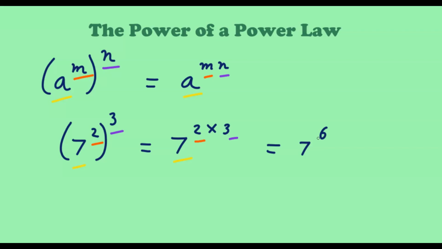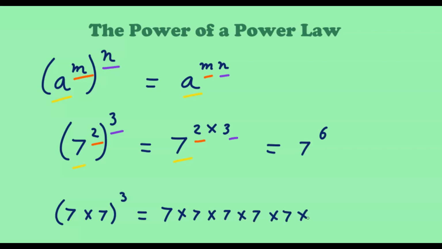Now let us have a look at why this works. So we have 7 to the power of 2. That is 7 multiplied by itself 2 times. And we raise this to the power of 3. So this means we have 7 times 7 multiplied by itself 3 times. So we have 7 times 7, multiply that again by 7 times 7, multiply that by 7 times 7.